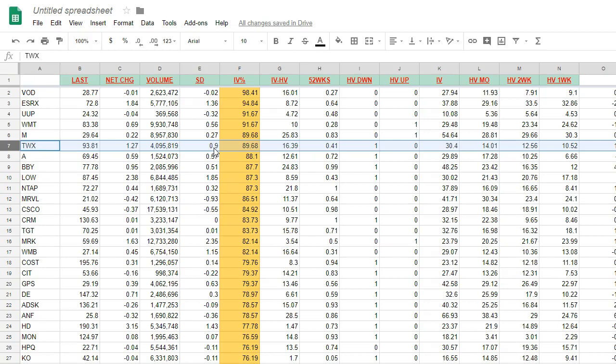If you want to sell a strangle, you sell a call and a put at the same time. So you take the probability of in the money of your call and the same thing on your put, and you add them together, and that would be the probability of in the money of the whole trade.